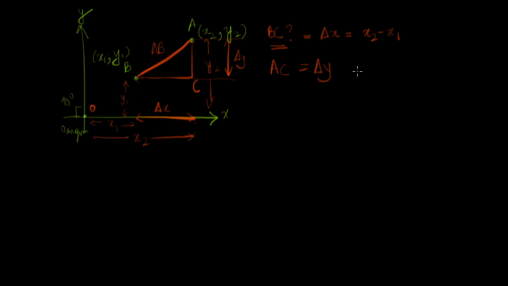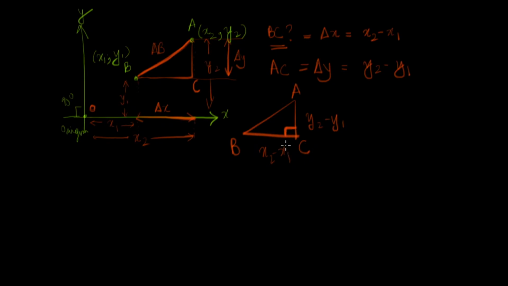And so we can write AC is delta y, which is represented by y2 minus y1. Thus, we have a triangle A, B, and C such that the height is y2 minus y1 and the base is x2 minus x1, and the right angle is formed at A.